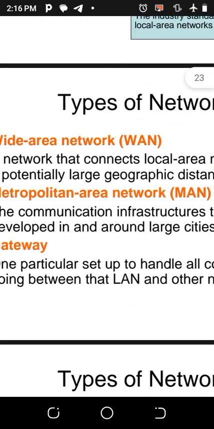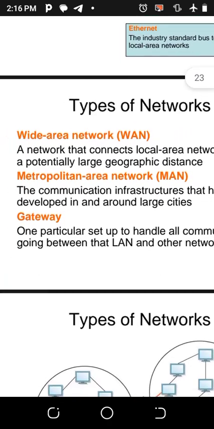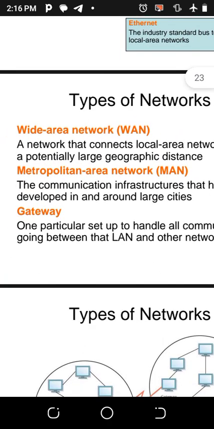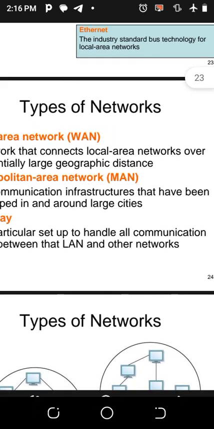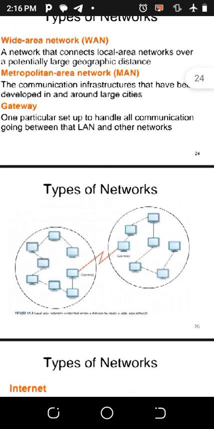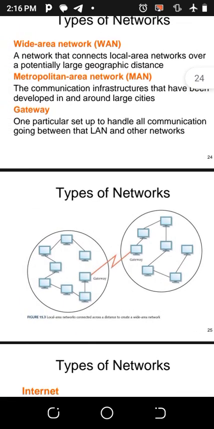Now let's look at the types of networks. Then again, we have the wide area network. The wide area network is the network that usually connects local area networks and others over a potentially large geographical distance.